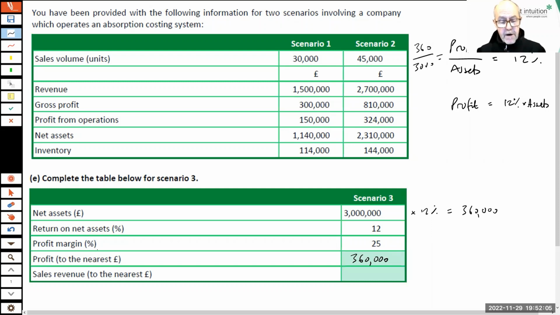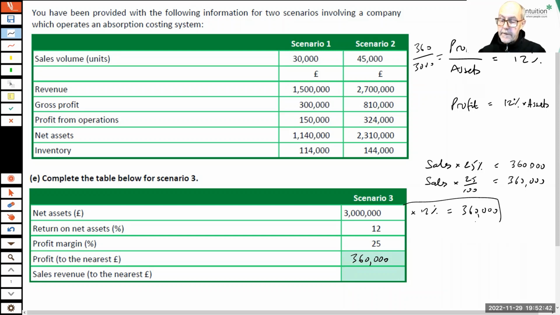We're told that our profit margin is 25%. So by the same token, we know that sales times 25% equals 360,000. Put another way, sales times 25 over 100 equals 360,000.